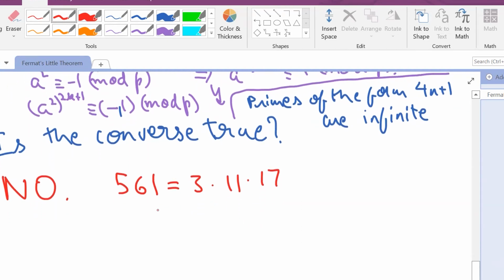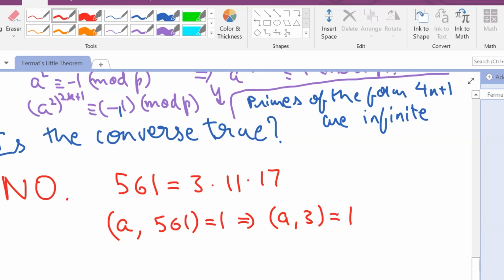Now, suppose there is some a such that the GCD of a with 561 is 1. Because of this, do we have that the GCD of a and 3 is 1? I think we do. Why is that? What is the other possibility for the GCD?